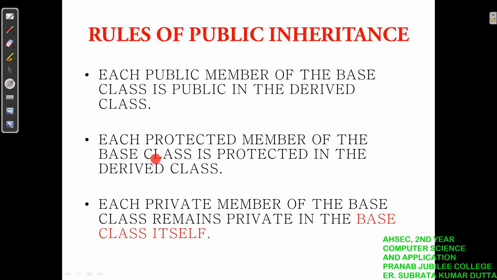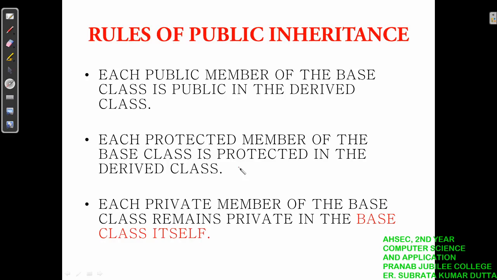Each protected member of the base class is protected in the derived class. So those members which are given access specifier protected in the base class will also have the access specifier protected in the derived class. Okay.